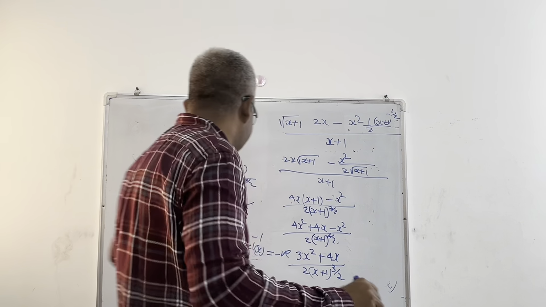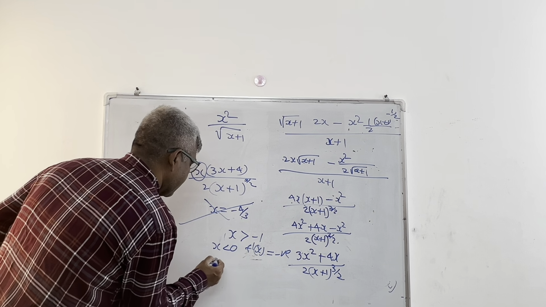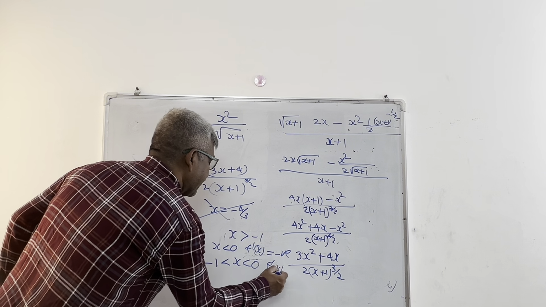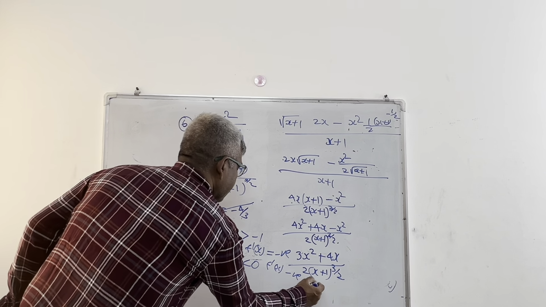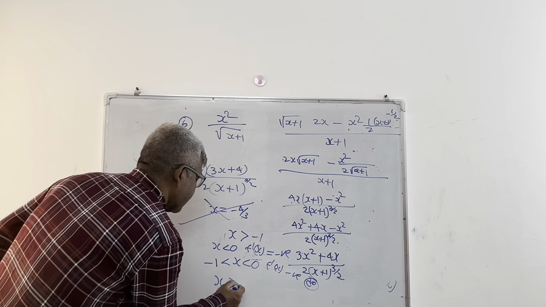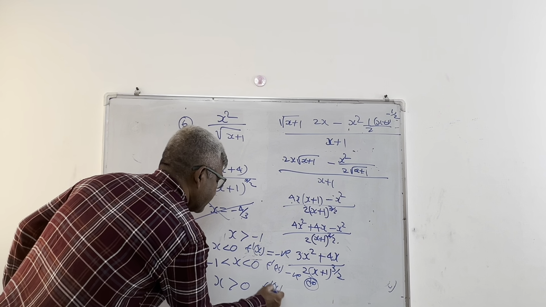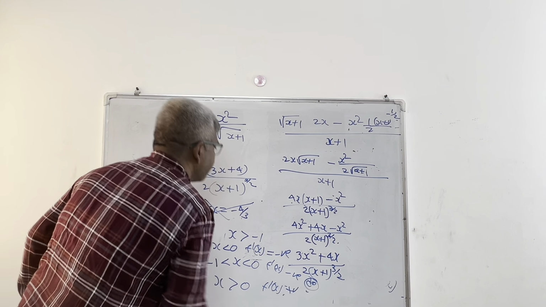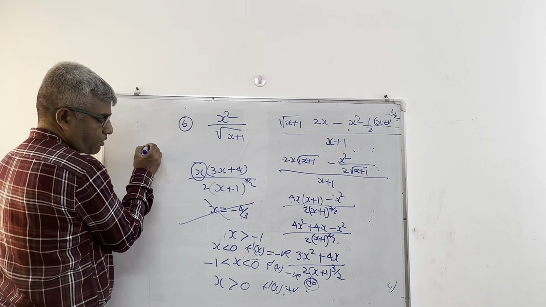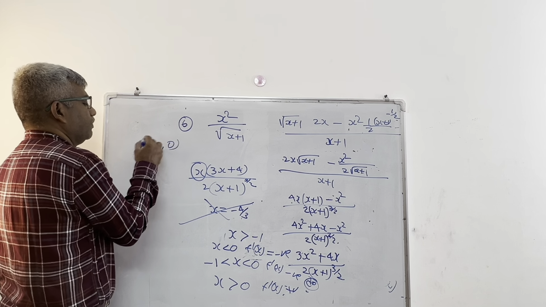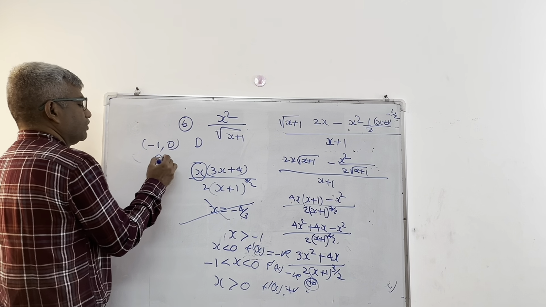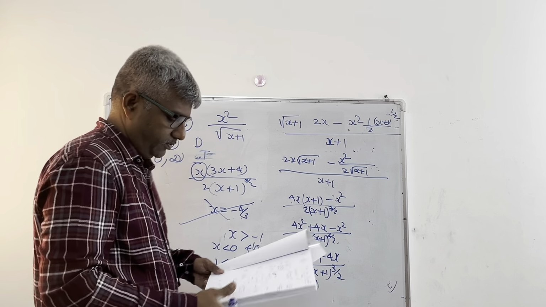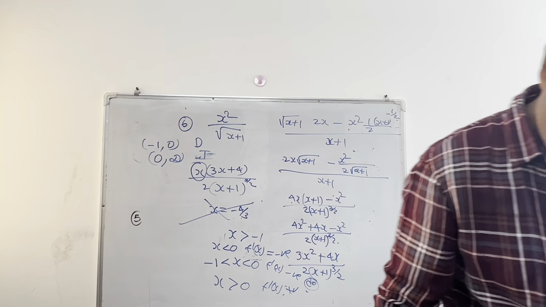But for x less than 0 there is also a restriction: minus 1 to 0, f dash x is negative, so decreasing. When x is greater than 0, f dash x is positive, so it is increasing. So the intervals are minus 1 to 0 decreasing, 0 to infinity increasing. Note it down.